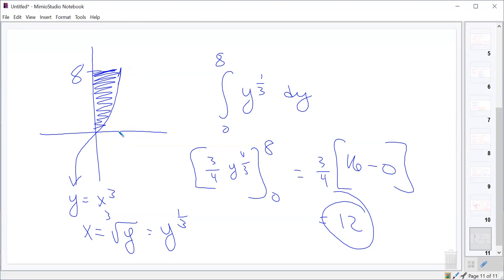But when we do it in terms of y, anything to the right of the y-axis will come out positive, and anything to the left of the y-axis comes out negative. So you have to flip it if it's to the left of the y-axis. If it's on the left, then you make the integral negative. Correct, if you're talking specifically about area. If I just said what's the integral, then cool. But if I said the area, you've got to make it negative to the left. That is correct. Okay, thank you.